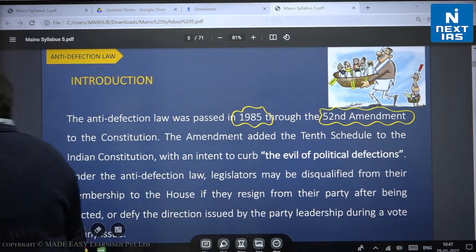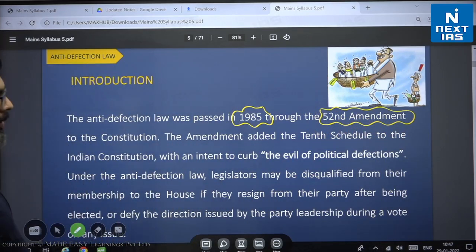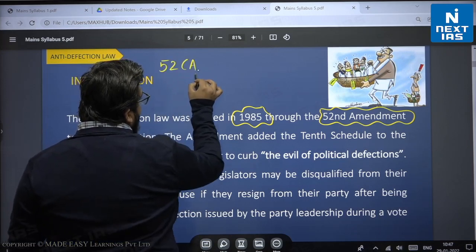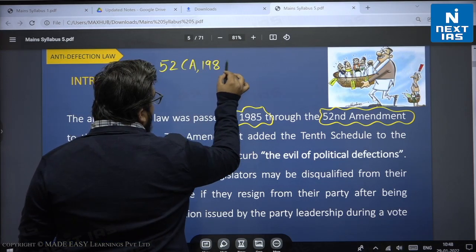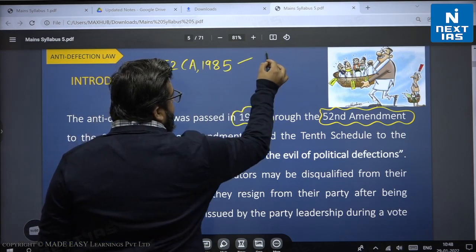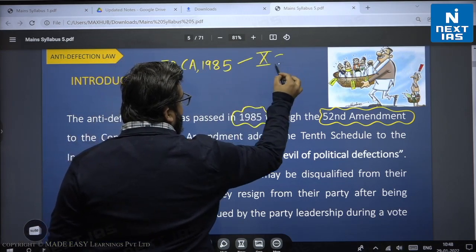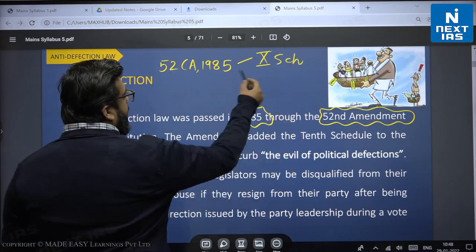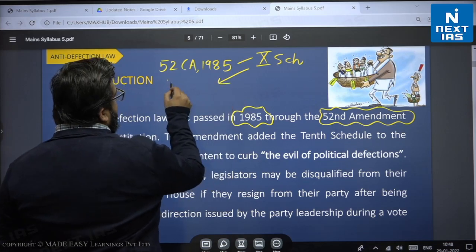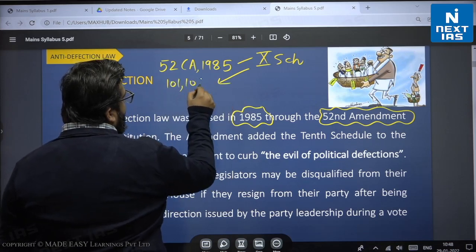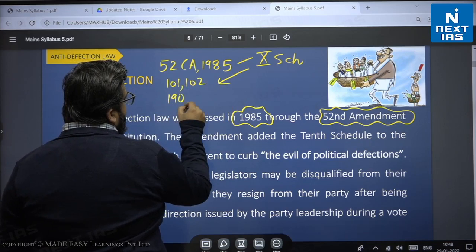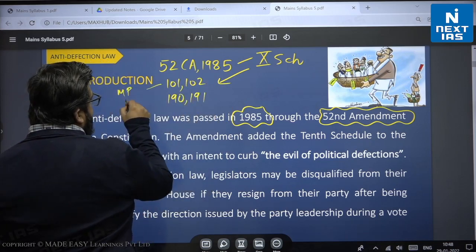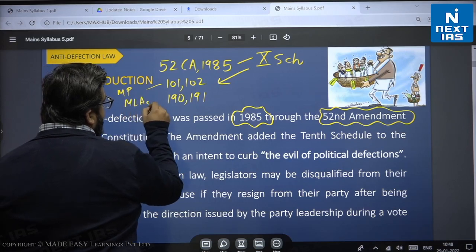So, through the 52nd constitutional amendment of 1985, we inserted the 10th schedule to the constitution, which contains certain provisions of anti-defection law, and the reference articles are 101, 102, 190 and 191. These are disqualifications for MPs and MLAs respectively.